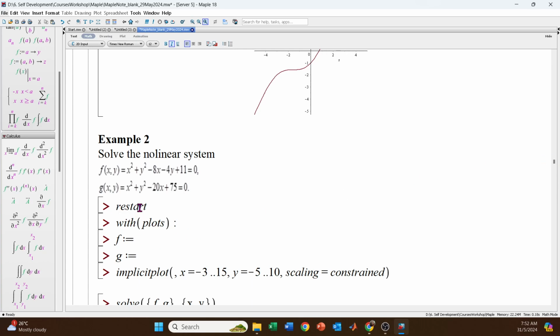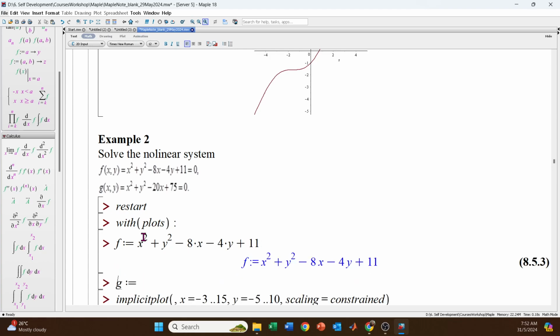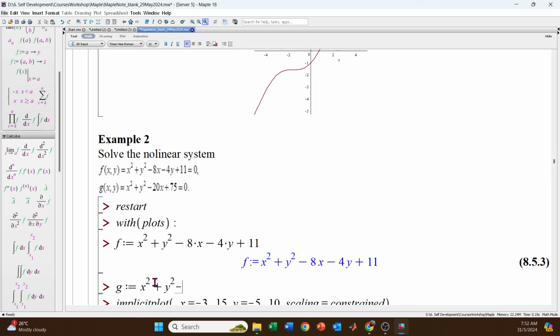Now solve the non-linear system. We restart with plots. Define f as x squared plus y squared minus 8 times x minus 4 times y plus 11. g is x power 2 plus y power 2 minus 20 times x plus 75.